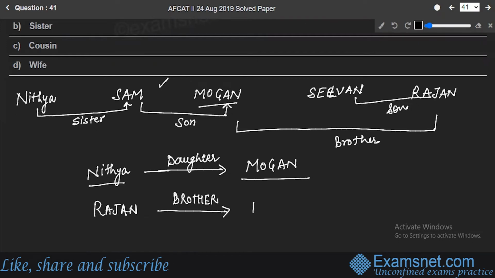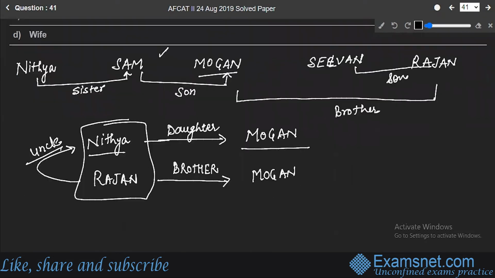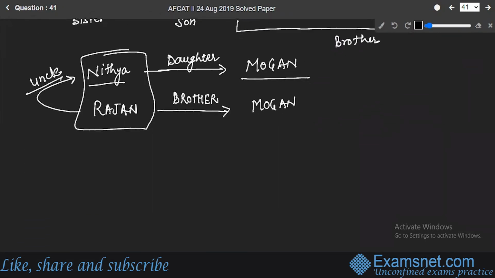Correct. That means Rajan is Nitya's uncle. Right? If Rajan is Nitya's uncle and Selvan is Rajan's son, then obviously Nitya and Selvan, how are they related? They are cousins. Nitya and Selvan, they are nothing but cousins.